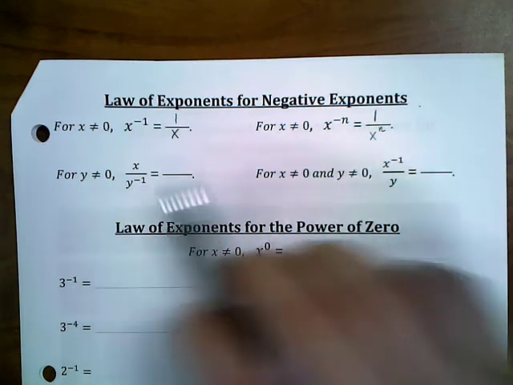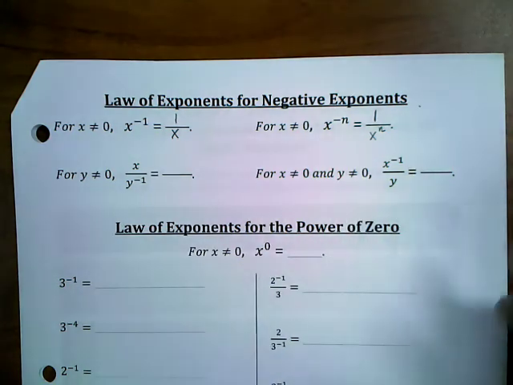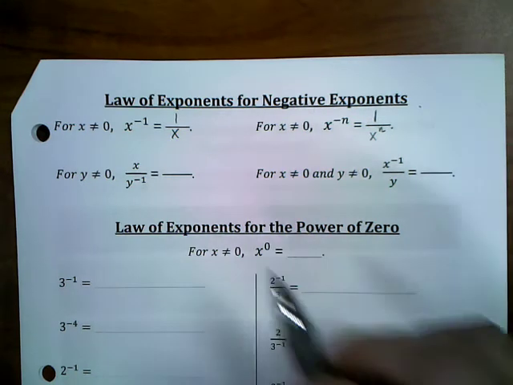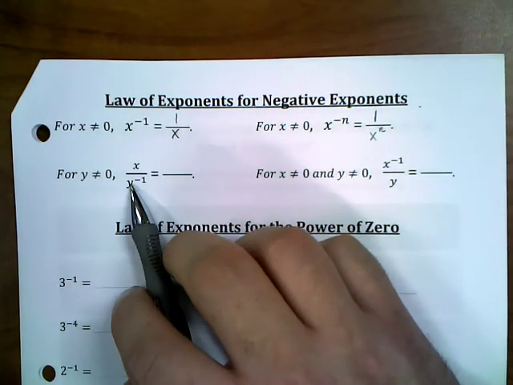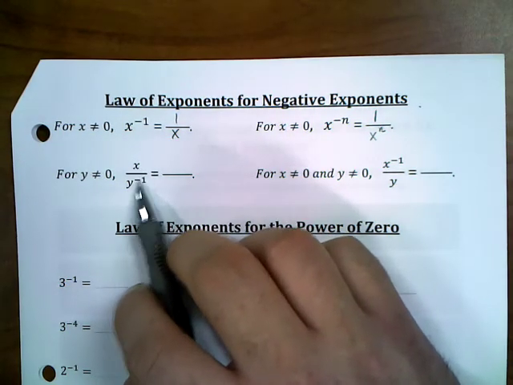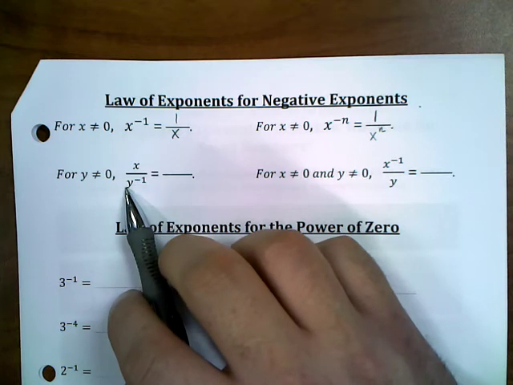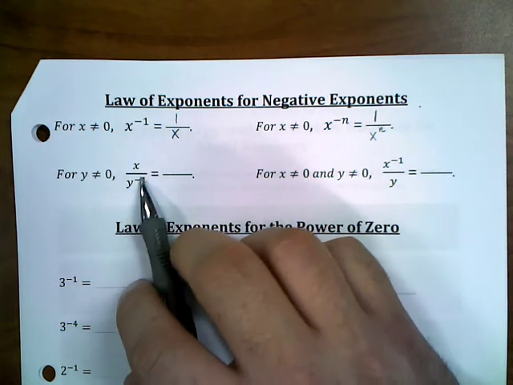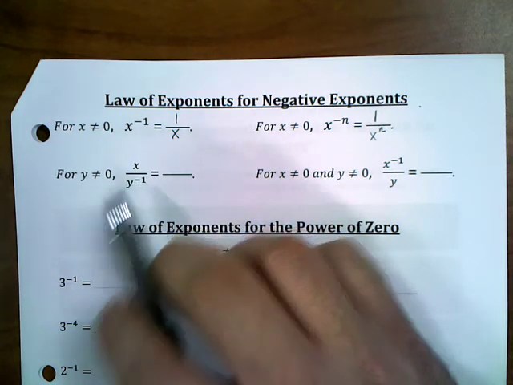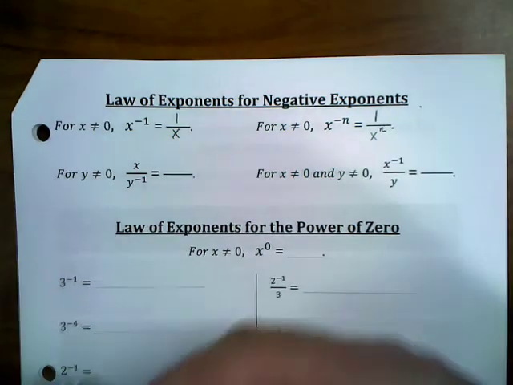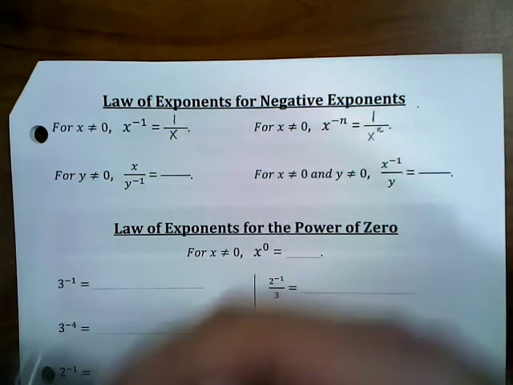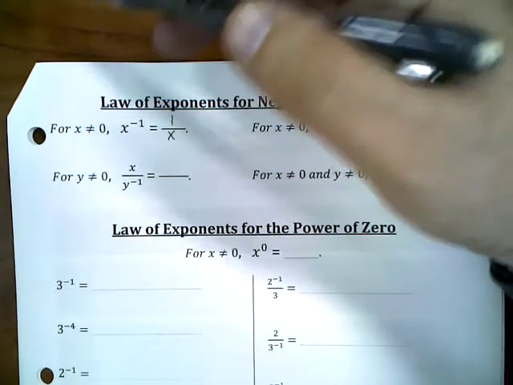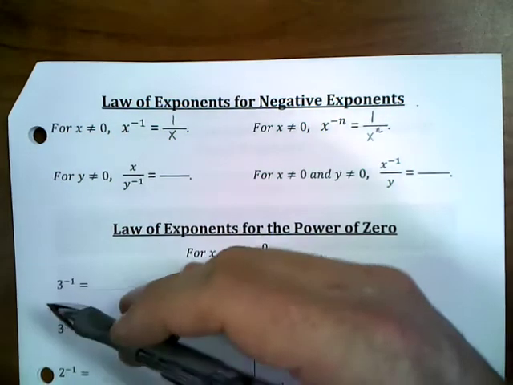Now, two more things, and this will help you, maybe not so much on the homework, but it'll help you more in the future. So I want to prepare you for that. When you have a fraction, and the exponent is only on one part of that fraction, then only that part of the fraction is going to move. So typically in a full reciprocal, your numerator becomes your denominator and your denominator becomes your numerator.